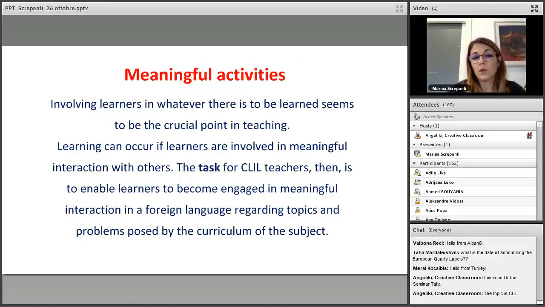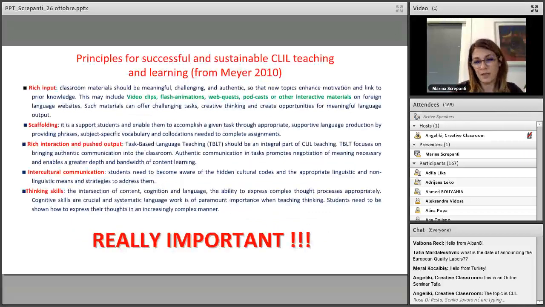So involving learners in whatever there is to be learned seems to be the crucial point, and we know that it's true. It's very difficult to get our students interested in what we teach, but the task for CLIL teachers enable learners to become more engaged and in meaningful interaction in a foreign language.